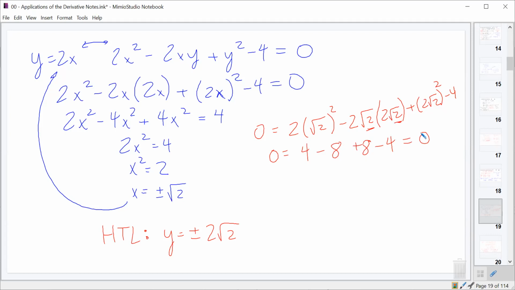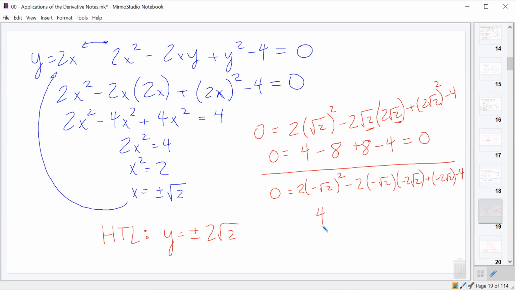And if we use the negative root 2 and the negative 2 root 2, we'd see 0 equals 2 times negative root 2 squared minus 2 times negative root 2 times negative 2 root 2, and then plus negative 2 root 2 squared minus 4. And we'll probably note here that this comes out again to be 4.